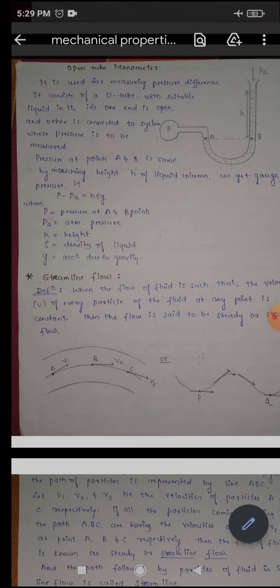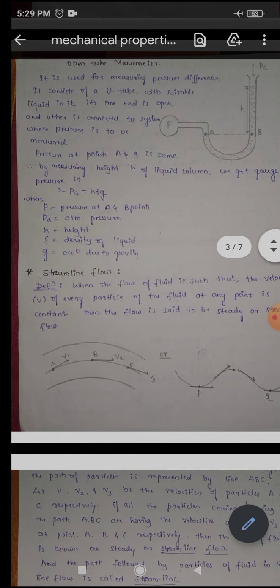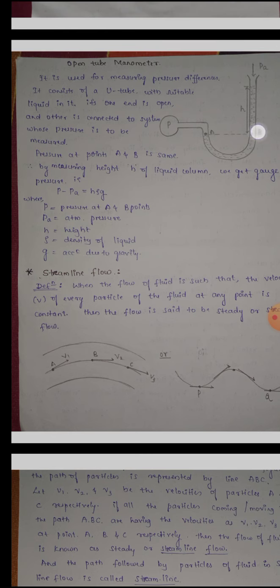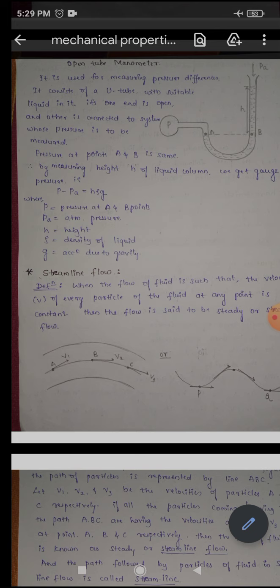Next, see, pressure at the points A and B are the same. This point A and point B are both at the same level, and we came to know earlier in the hydrostatic paradox that if the liquids are at the same level or same height, then both have the same pressures. So here point A and point B both are at the same level from the reference, so both points A and B have the same pressure.